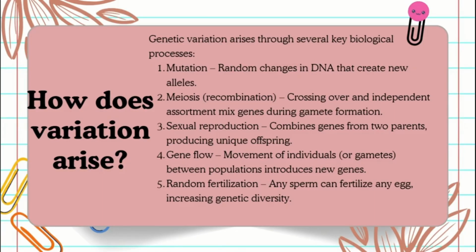So one way we have is mutation, and mutations do happen. I would say they happen somewhat frequently, but most of the time when mutations happen, they don't change much, if that makes sense. Not all the time. And basically mutation is a change in a DNA sequence.